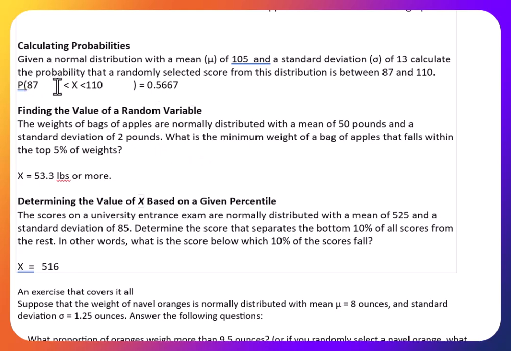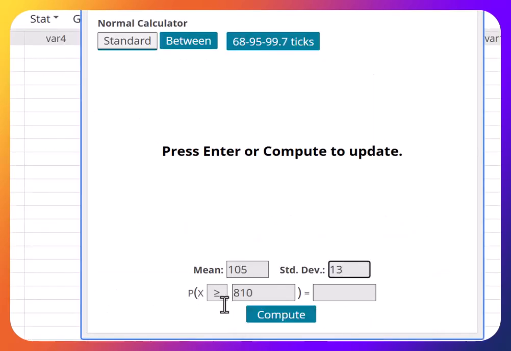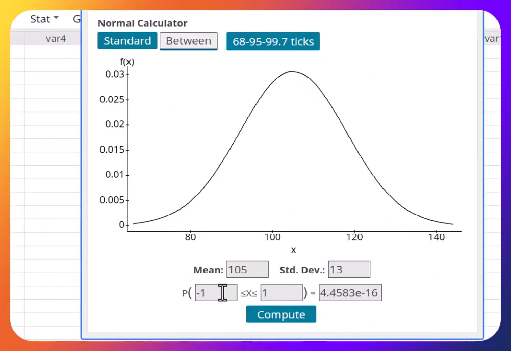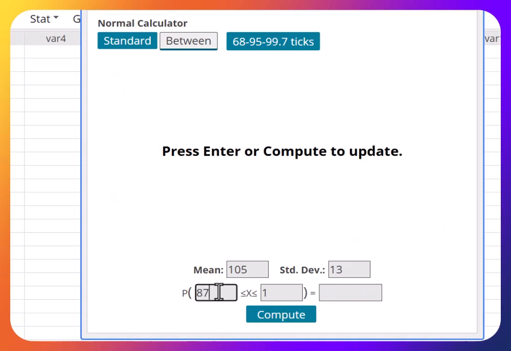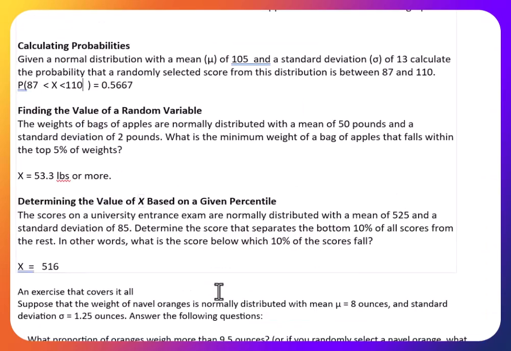This is how we write it down: the probability of 87 less than x less than 110 equals. You can see I put the answer there, but I'm going to show you how to do it. Put 87 here, put 110 there, compute, and it's 0.5667. That would be the answer.